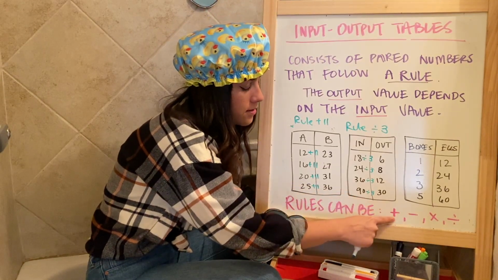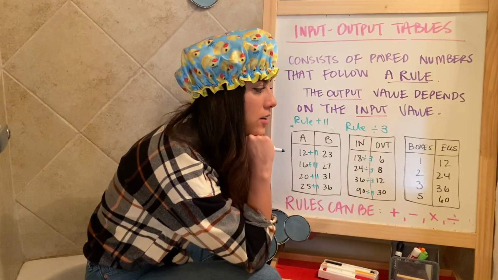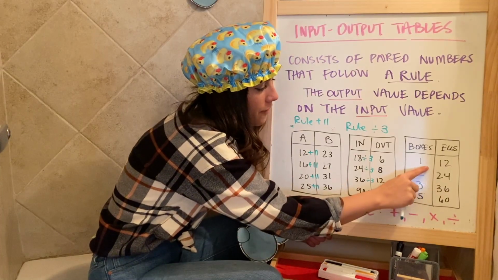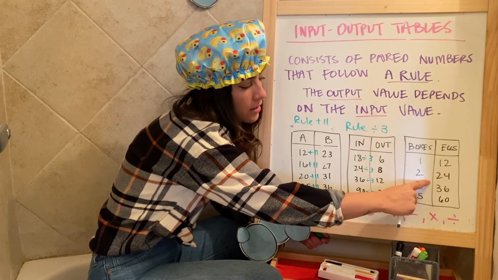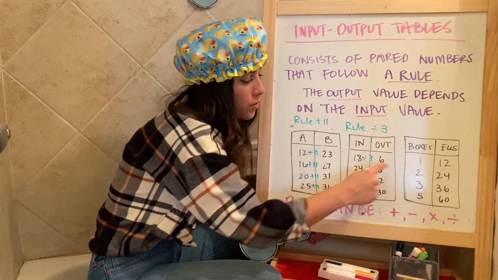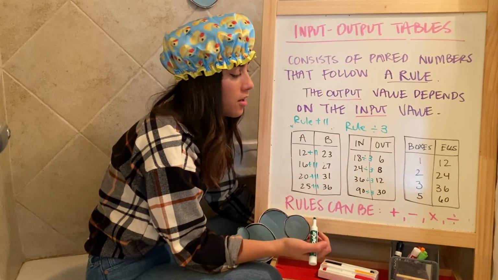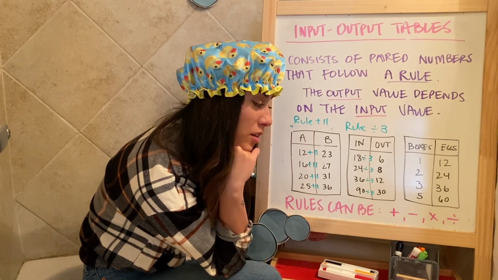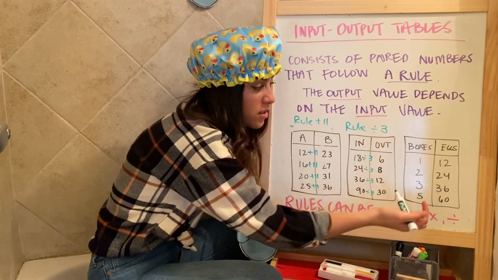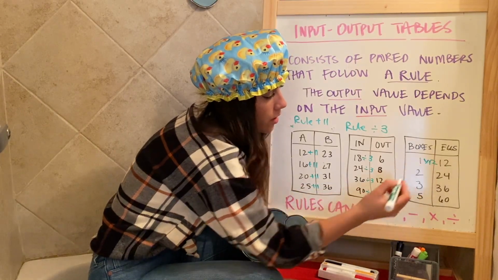So I'm going to guess that it's addition or multiplication. If I add 1 plus 11, it turns into 12. 2 plus 11, that's not 24. The rule has to be the same for all the numbers. So maybe times 12, because 1 times 12 is 12. Okay, so times 12.